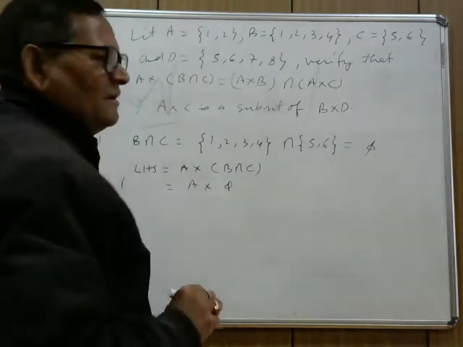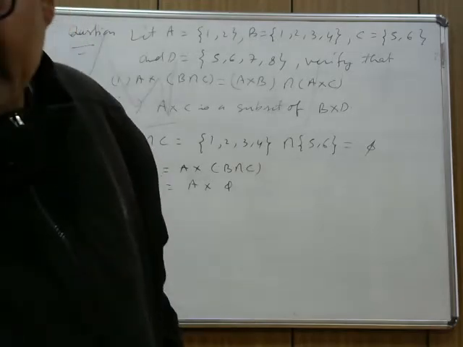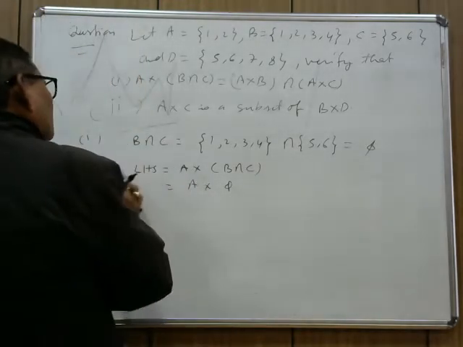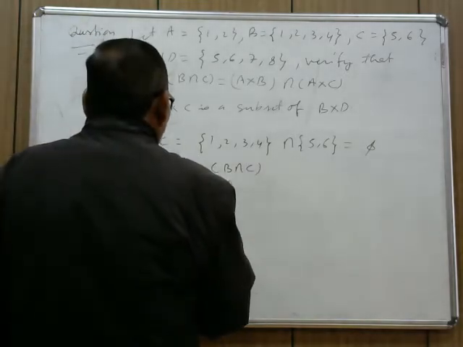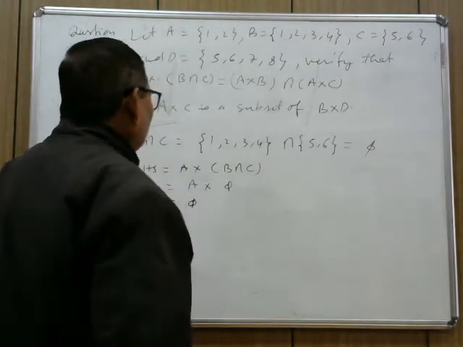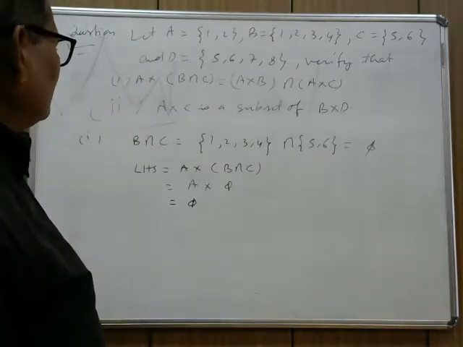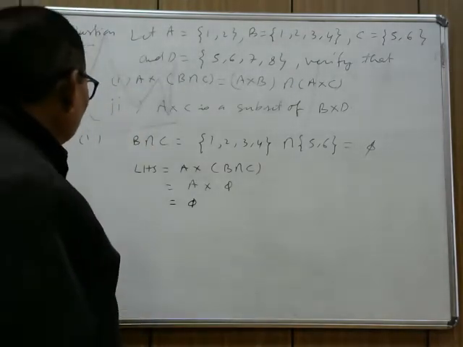When you find the Cartesian product of the empty set with any other set, it is equal to empty. A cross phi is phi, because in the Cartesian product if one of the sets is the null set, then the whole product will be the null set.